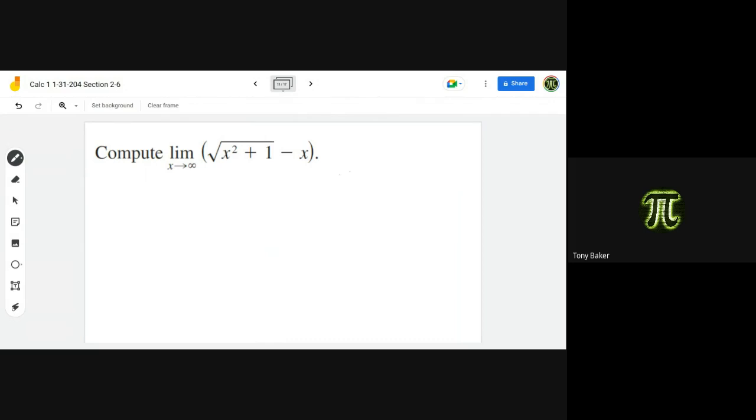Yeah. Let's use a conjugate pair. Let's multiply the top and the bottom by its conjugate. Let's make this a fraction. So we're going to multiply the top by the square root plus x, and then the bottom by the same.